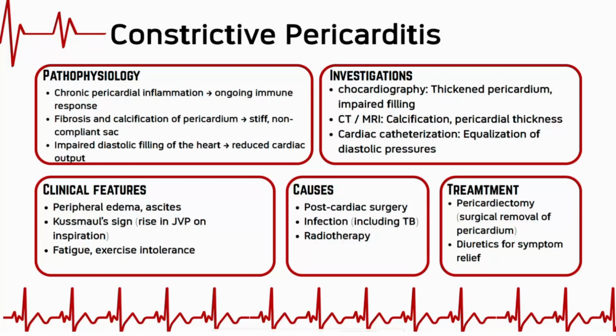If there is impaired filling, then this increases the suspicion that this patient might have chronic or constrictive pericarditis. We can do CT or MRI. What this will show is, again, calcification and pericardial wall thickening. And we can also do cardiac catheterizations.